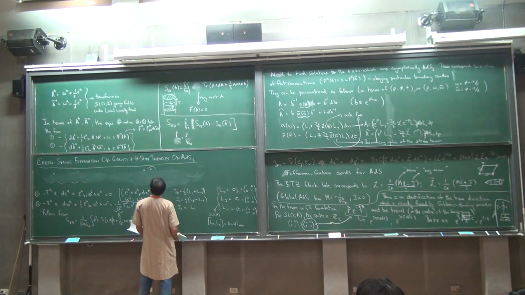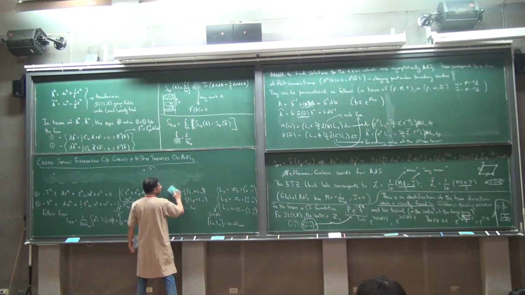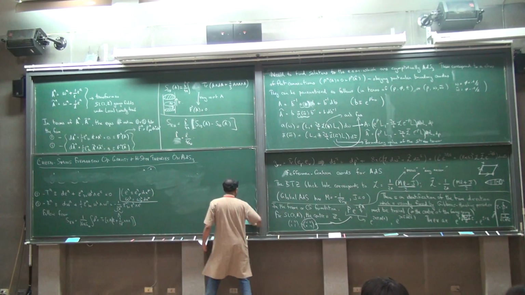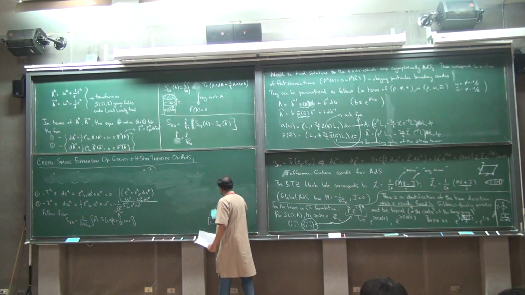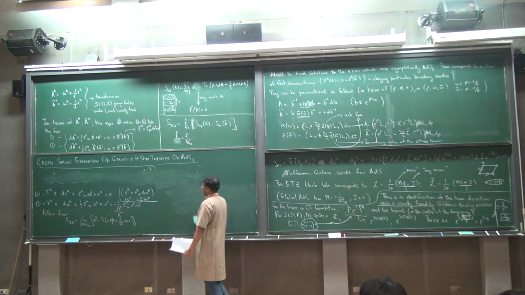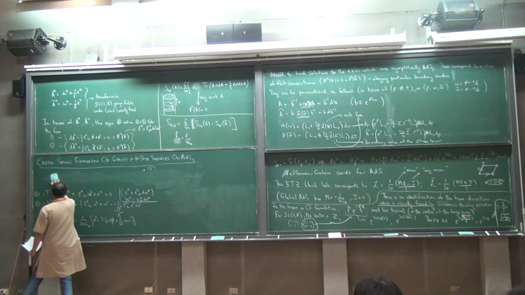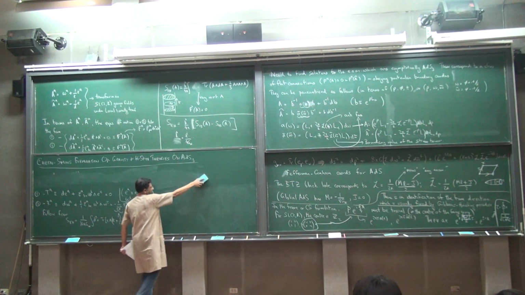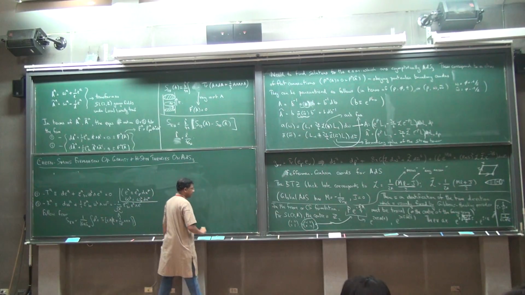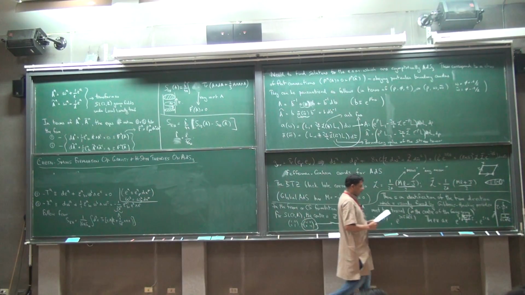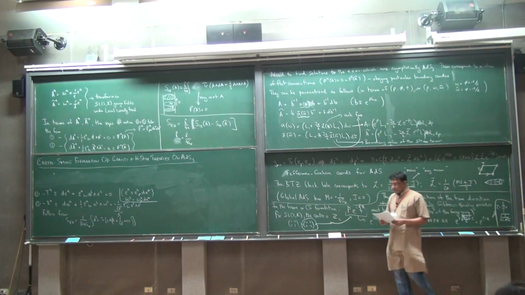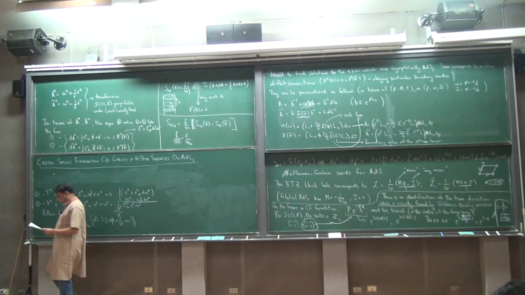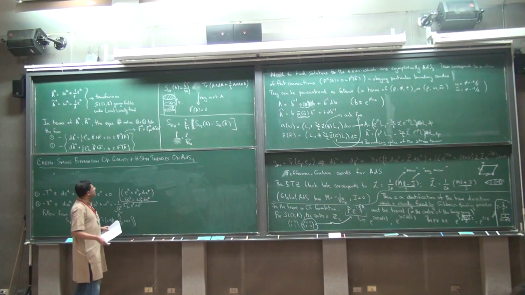In the remaining 5 minutes, I'll just start by introducing the formulation of higher spin theories in this language. So I'll make the statements and then maybe start to justify them more fully next time.